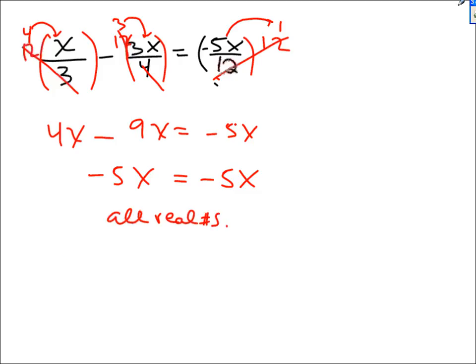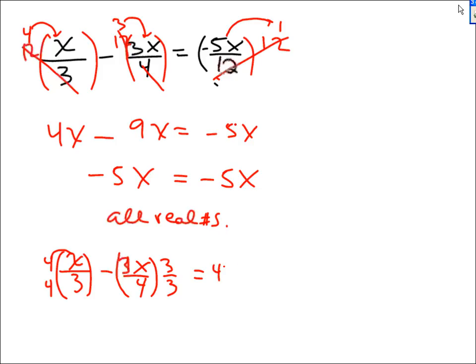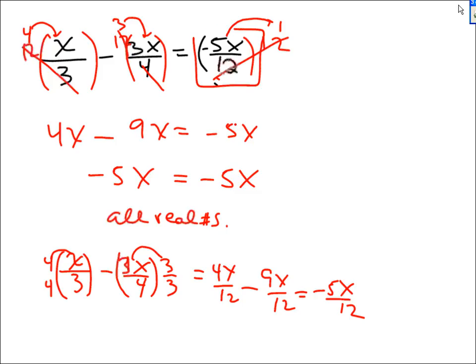That's the solution. If you just look at x over 3 minus 3x over 4, if I multiply this by 4 over 4, which is 1, I'm allowed to do that, and I multiply this by 3 over 3, well, I get 4x over 12 minus 9x over 12, which is negative 5x over 12, which is exactly what the right-hand side was.